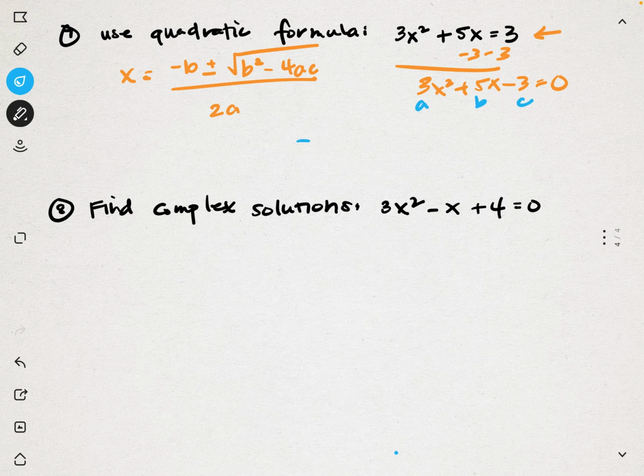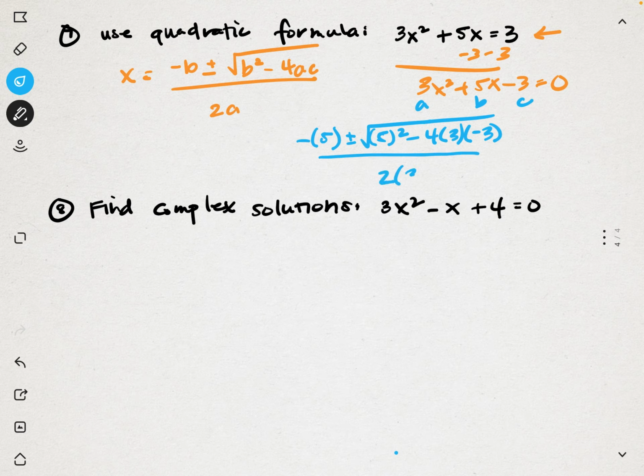So we have negative b is 5 plus or minus square root of 5 squared minus 4 times a is 3 times c is negative 3 all over 2 times 3.